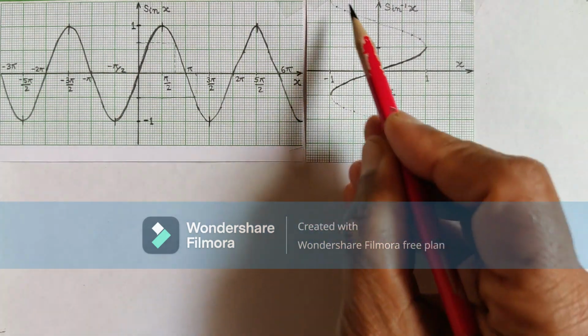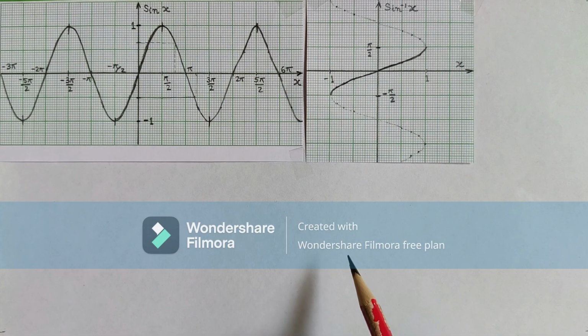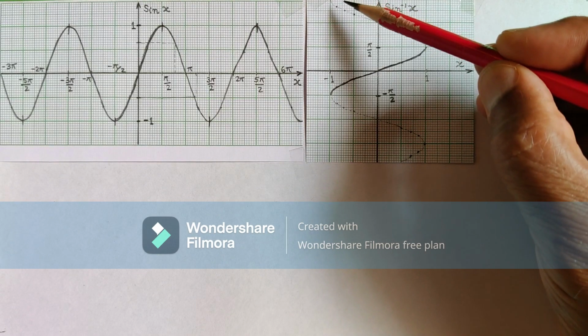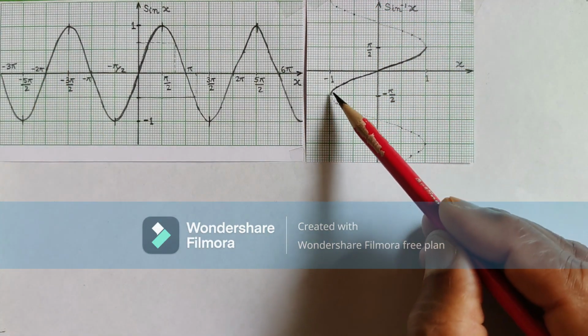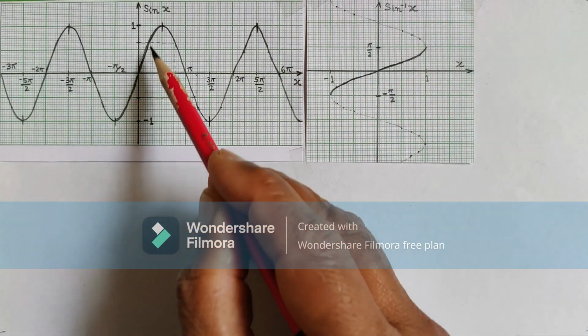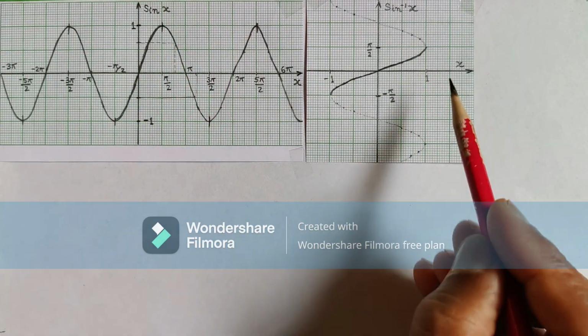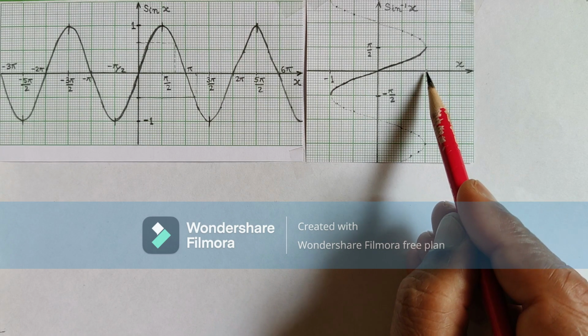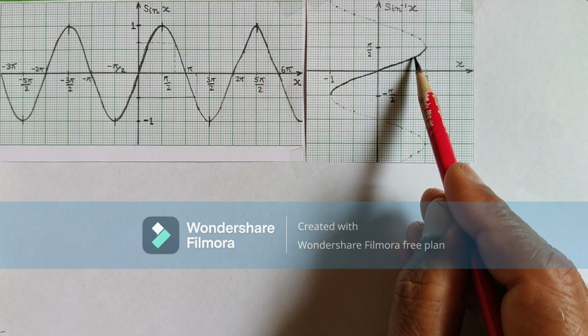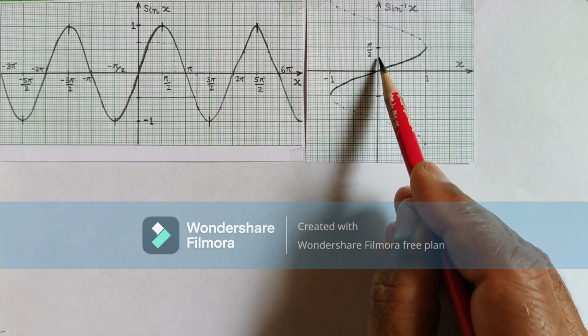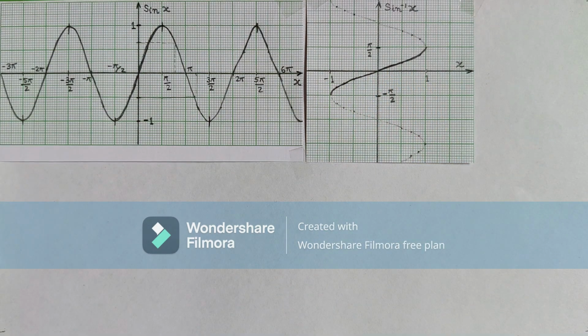If you notice, it is the same graph, only the axes have been inverted, exchanged, and in dotted line I have shown the rest of the graph. The dark portion is the principal value range of sin x. So here, if you give me a value of x, I can draw a vertical line till I hit the graph, then draw a horizontal line and find the value of sin inverse x.